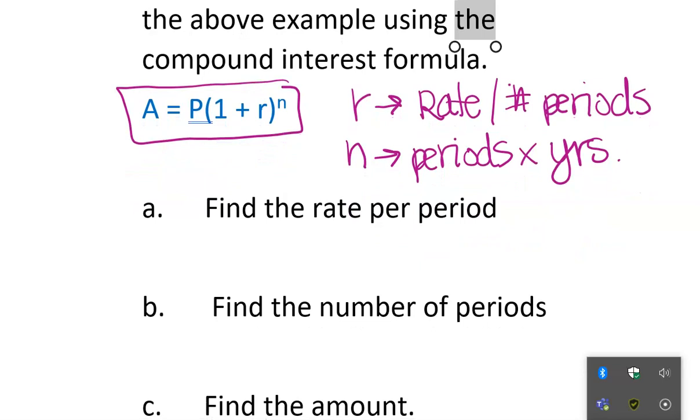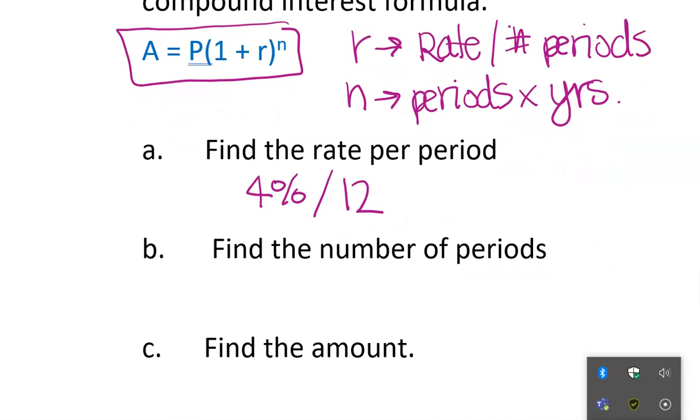So the rate per period this time, if we look at our problem again, it's the same question, only doing it in a different way. Your rate is 4%, and it is monthly, so we're just going to divide by 12. I'm not going to find the decimal because I like to incorporate that whole number into the problem. The number of periods would be 12 periods times 1 year, so 12.